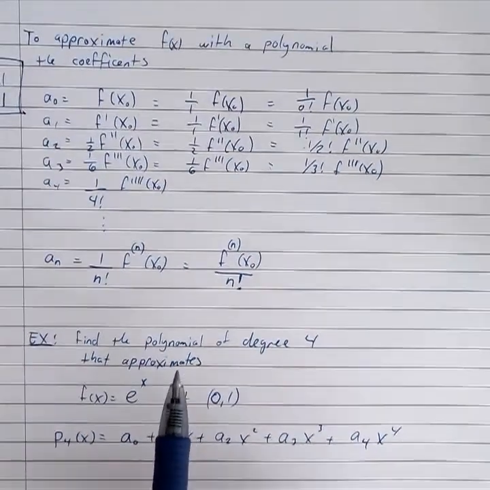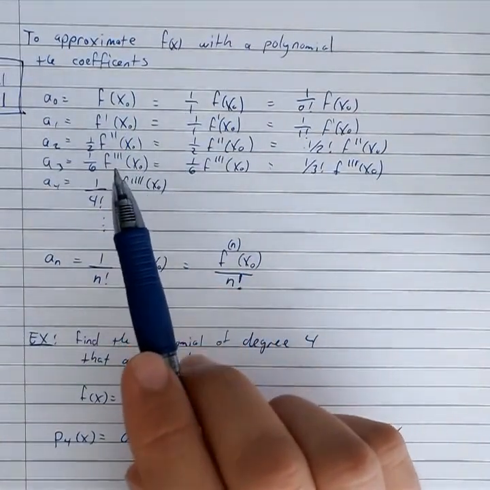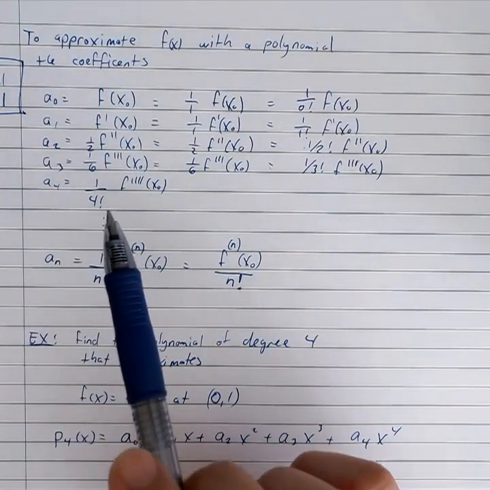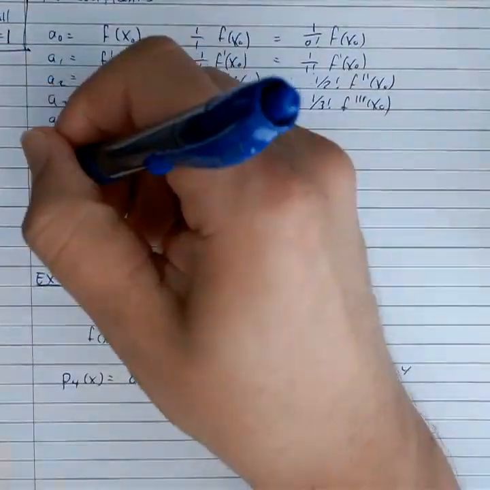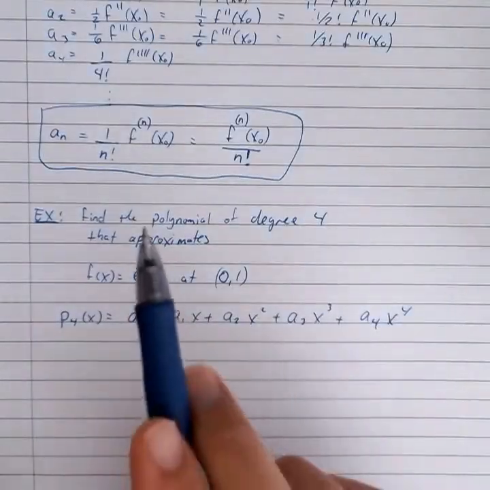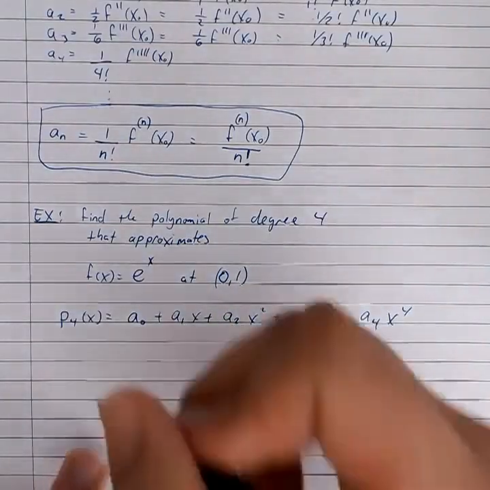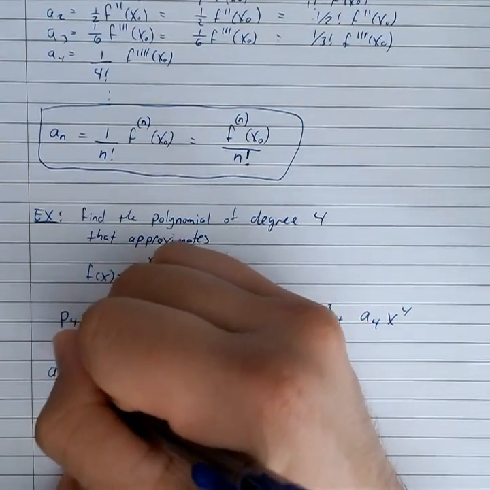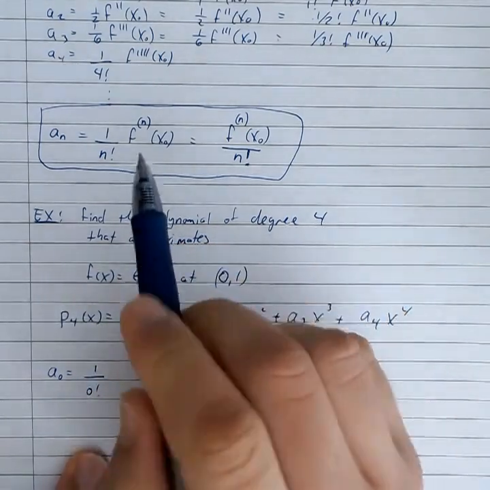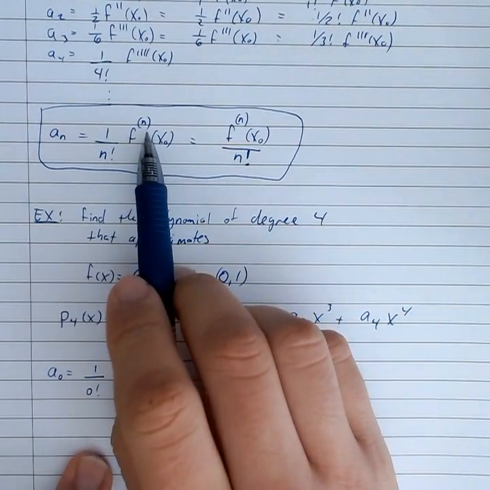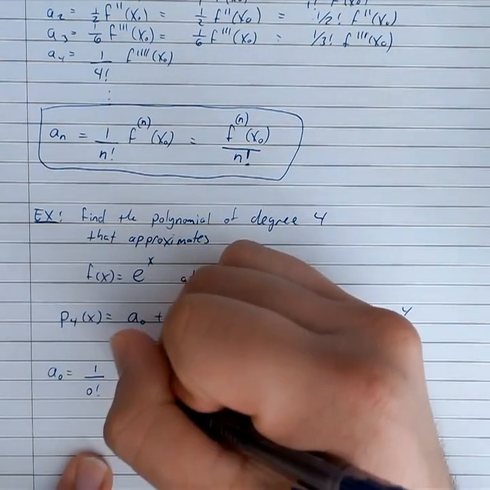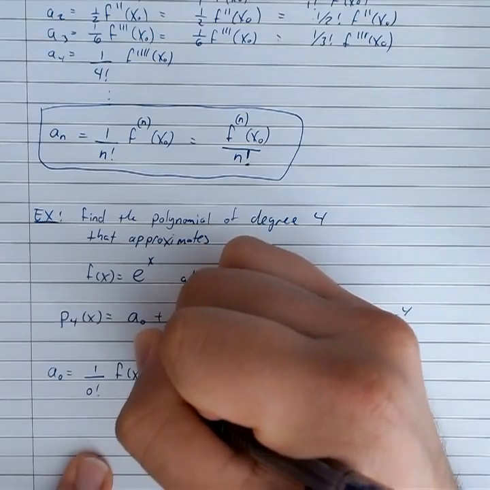Now, in the previous problems, we saw that it takes a lot of effort to start deriving and evaluating. But all of that effort brought us to this conclusion, which means that now I can just use that conclusion for any function. So here a sub 0 will be 1 over 0 factorial times the 0th derivative. You say, what's the 0th derivative? That means don't take a derivative.